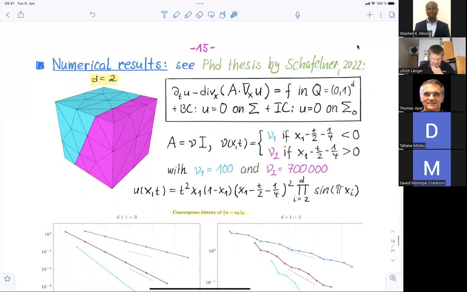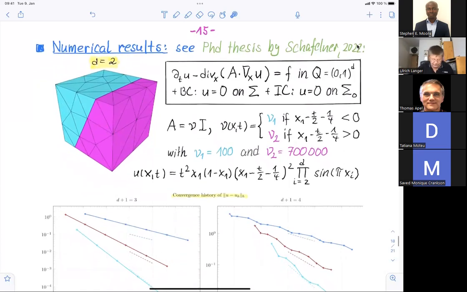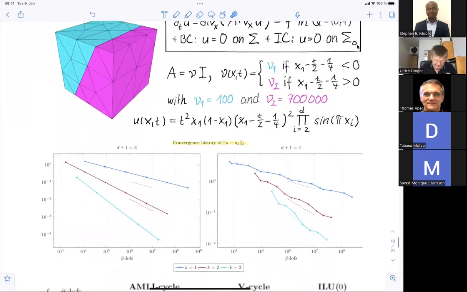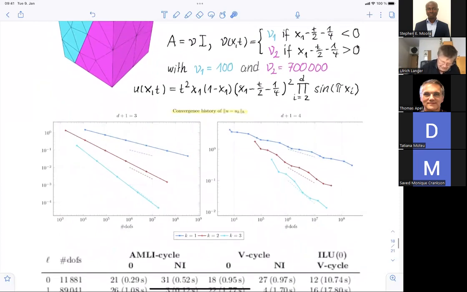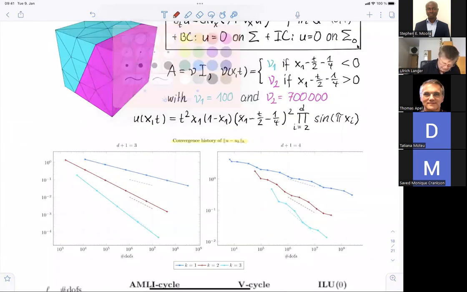So this is now such an upwind scheme. And here you can see for t equal to 2, t equal to 3. This is a 3-dimensional space-time cylinder. This is a 4-dimensional space-time cylinder.